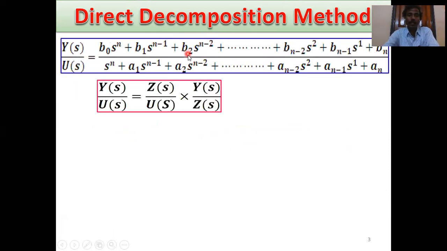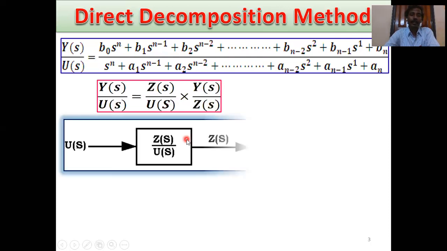So this is our transfer function. First split this transfer function Y(s)/U(s) equals Z(s)/U(s) into Y(s)/Z(s), where Z(s) cancels. This is the technique. That means Y(s)/U(s) on the left-hand side equals the right-hand side, Y(s)/U(s), when Z(s) cancels.